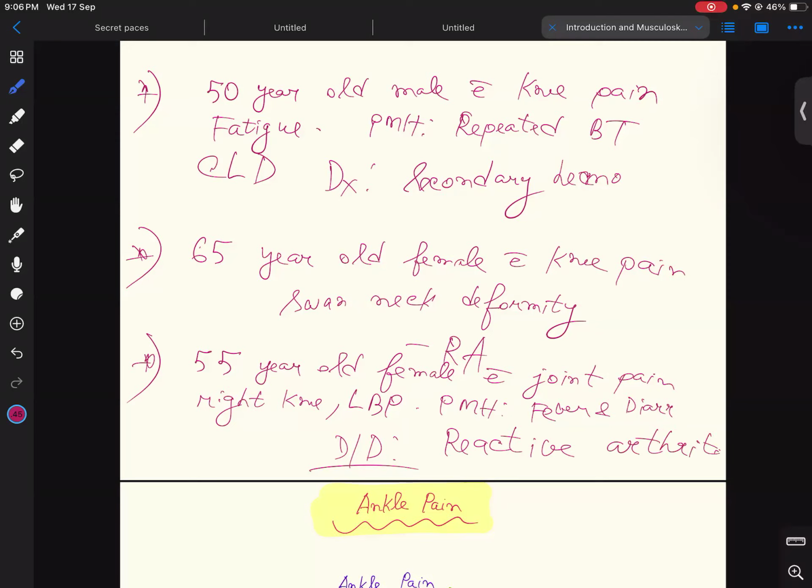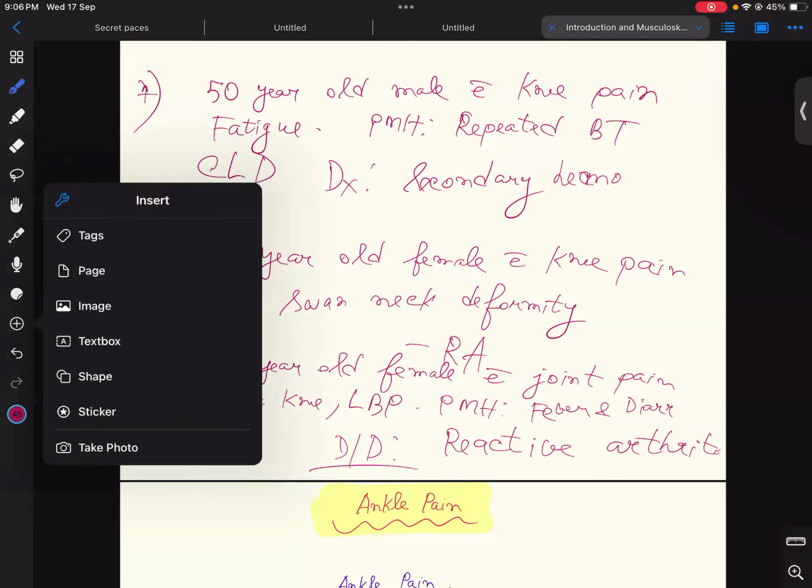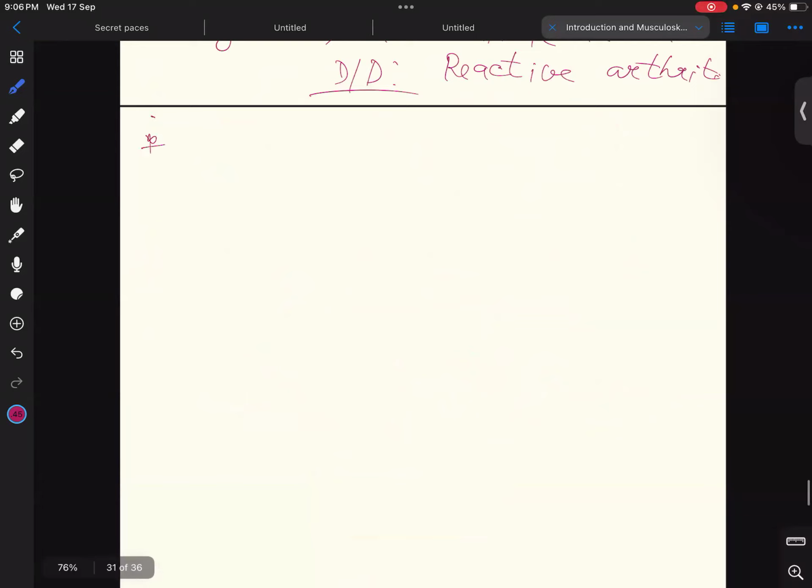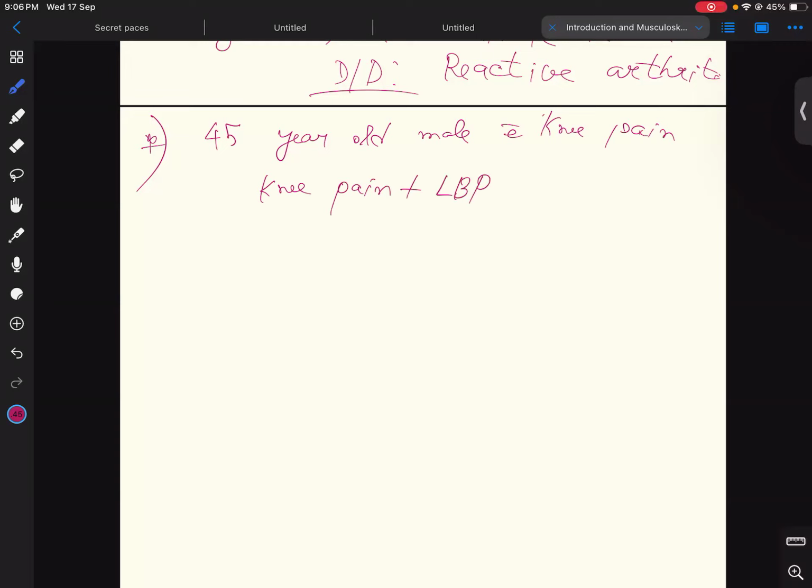Then another case, a 45-year-old male with knee pain. So after entering the station, you are seeing that a lean and thin male with question mark posture. He also tells you that apart from this knee pain, I have low back pain, and he is also having morning jamming.